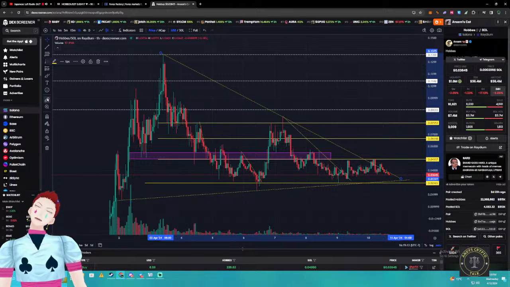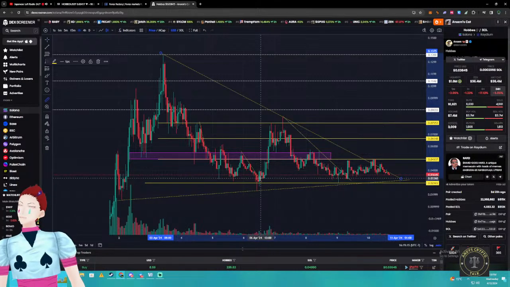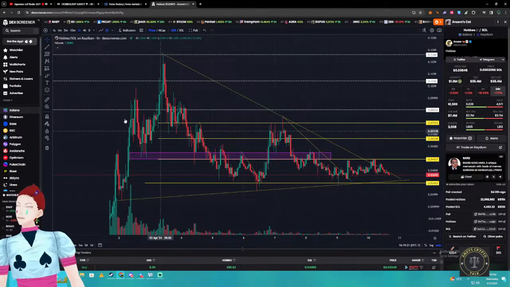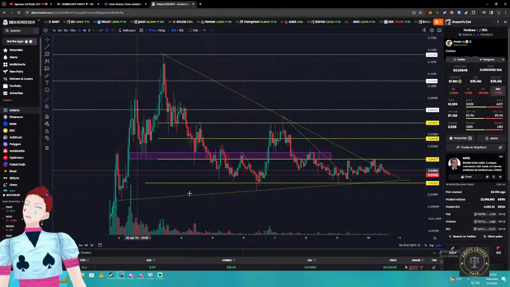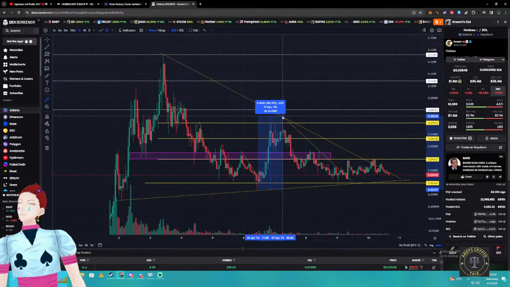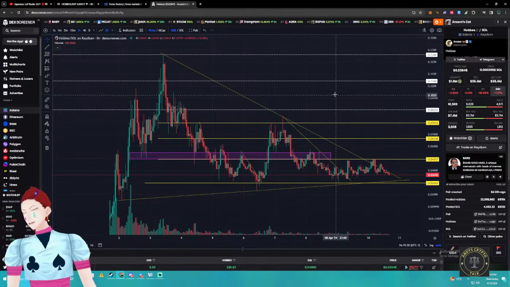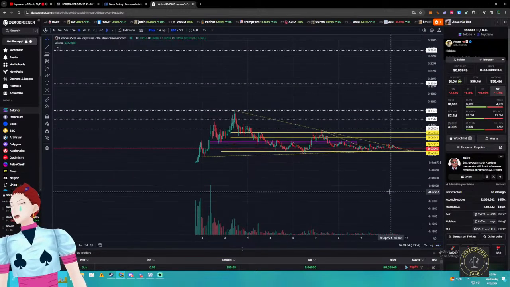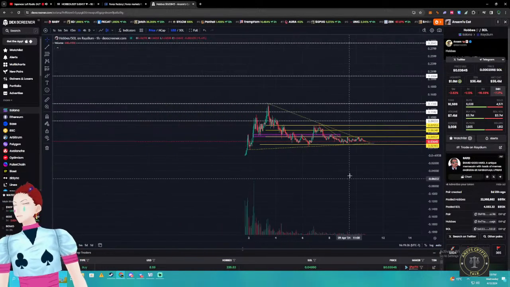I think this move was, if you just caught the breakout, even at the worst point, to the highs was 115%. Whereas if you were buying these lows, if you sniped this low, 250% move there. So I think a big move for Hobbes is in the cards here.